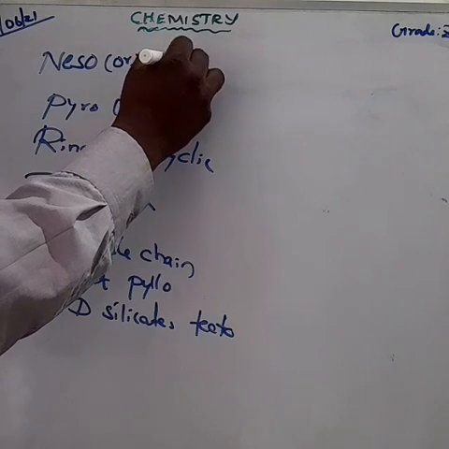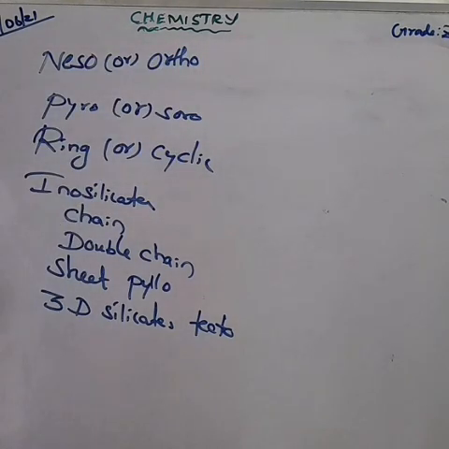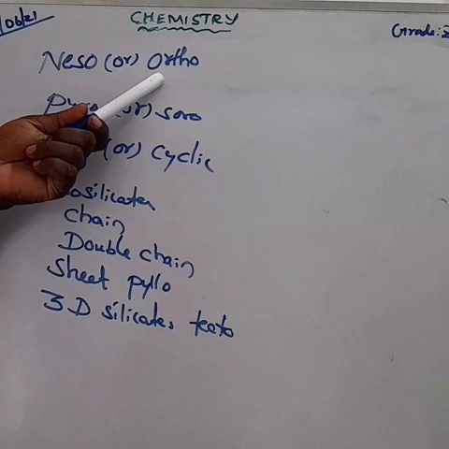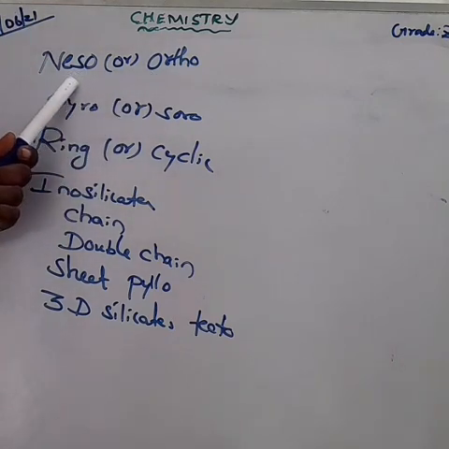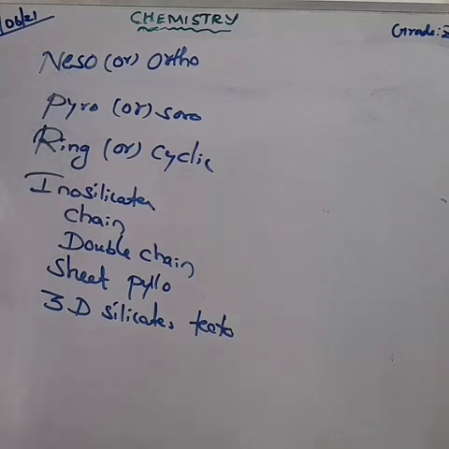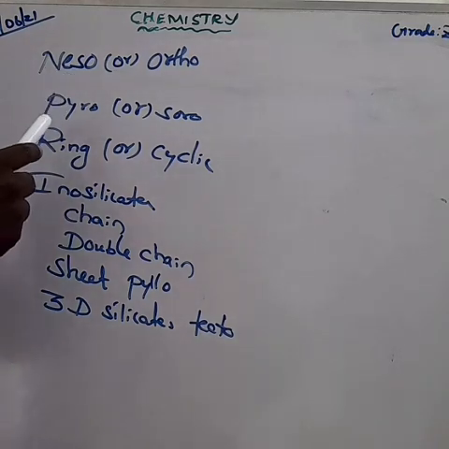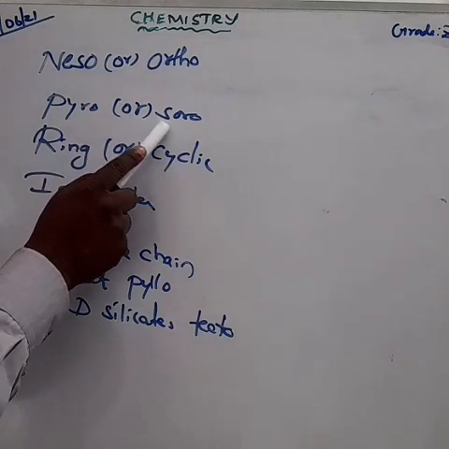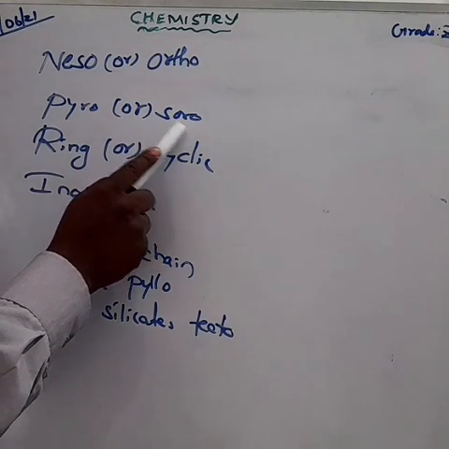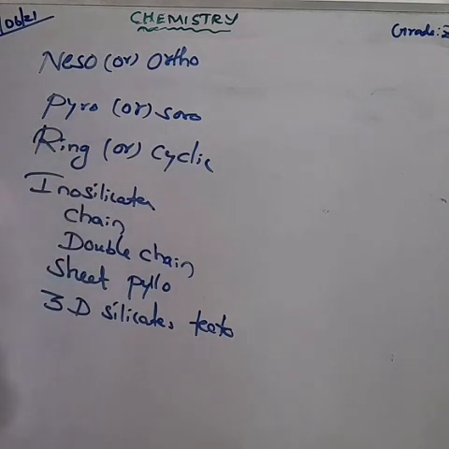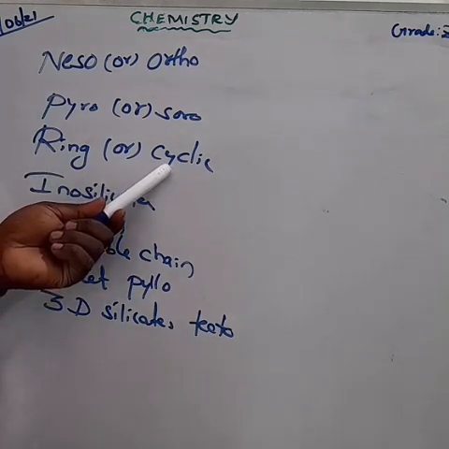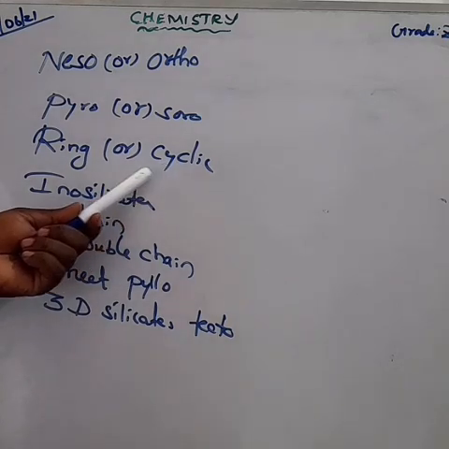Can you say what the types are? First one is Orthosilicate. What is the other name of orthosilicate? Nesosilicate. Second is sorosilicate, whose other name is pyrosilicate. The third is cyclic silicate, otherwise called ring silicate.